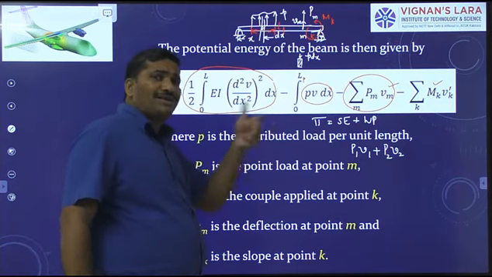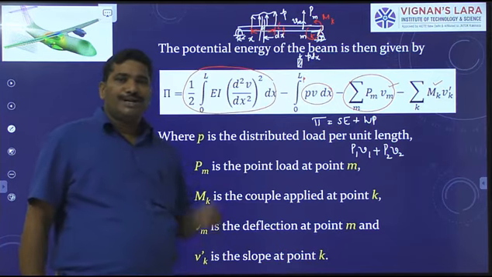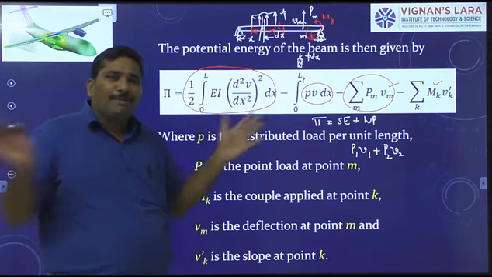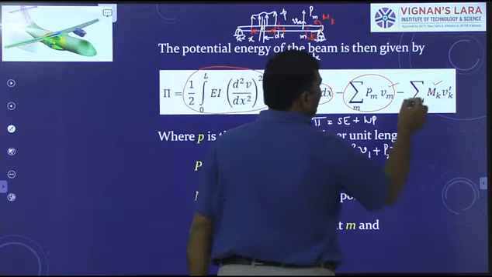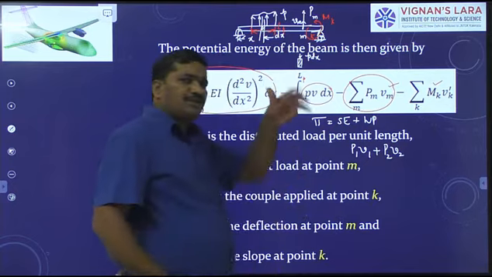If there are several couples acting at different points, then determine the work done by each couple and sum up. Therefore, I write here the sum of Mk vk dash, as k varies from 1 to n.